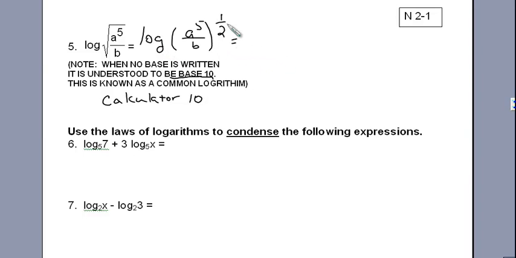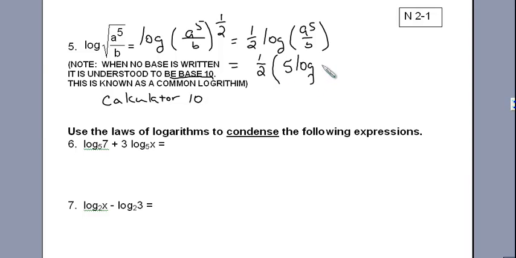Now, the exponent we can pull out in front, so we have 1/2 log of a to the 5th over b, and then when we expand that, we have 1/2 times 5 times log A minus log B. And the 1/2 has to be multiplied by all of that, because all of that was raised to the half power.